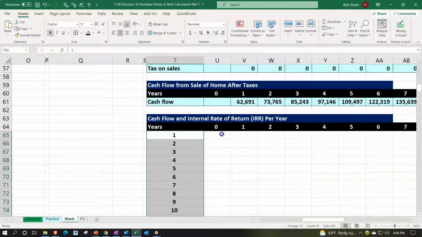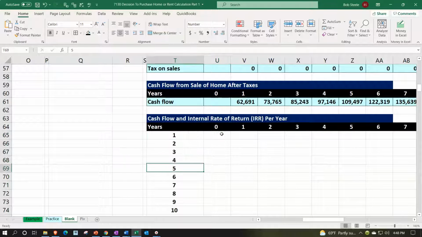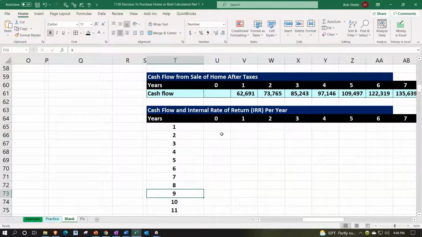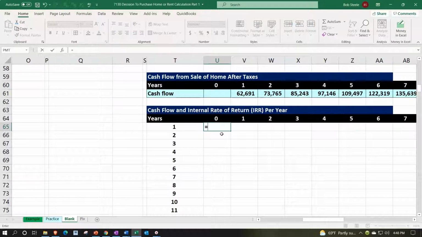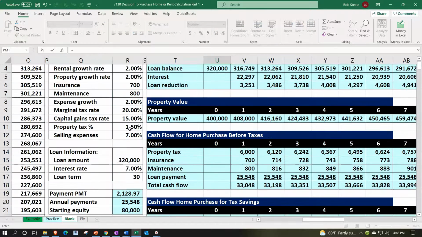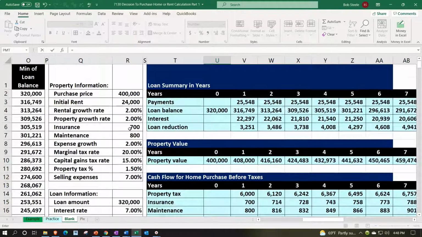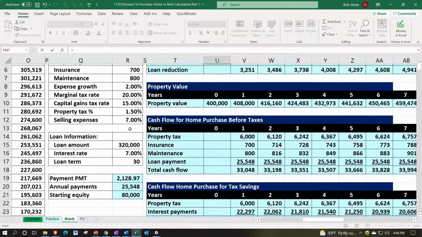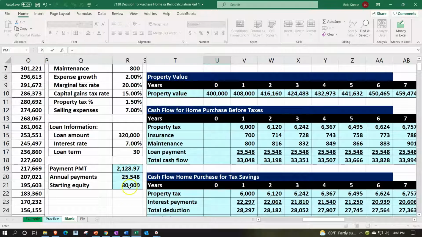So now we're going to say that these are the years downwards that we have the sales, and these are going to be the cash flows in each of those years. First, we've got the net outflow for the down payment. Up front, in every circumstance, no matter when we sold, we put $80,000 down.